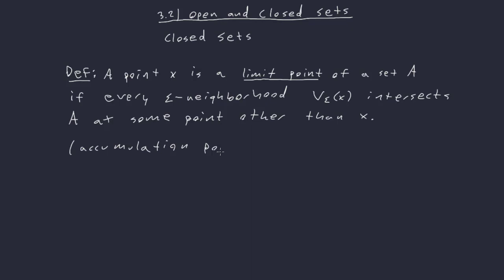When I was learning analysis for the first time, we called them accumulation points. They're also thought of sometimes as cluster points. Now I kind of like that name, cluster points. It gives you a visualization of what's happening.